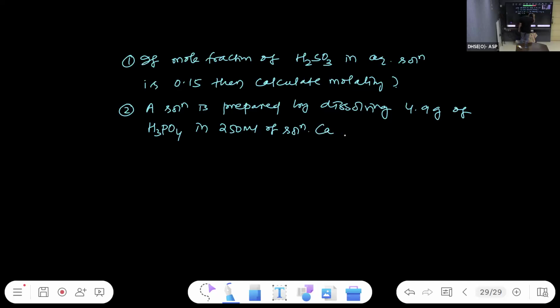Calculate the total molarity of the ions. Calculate the total molarity of the ions.